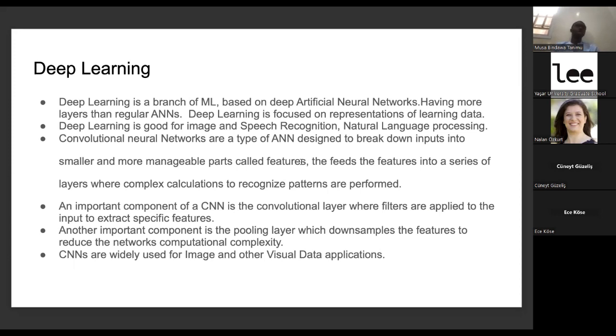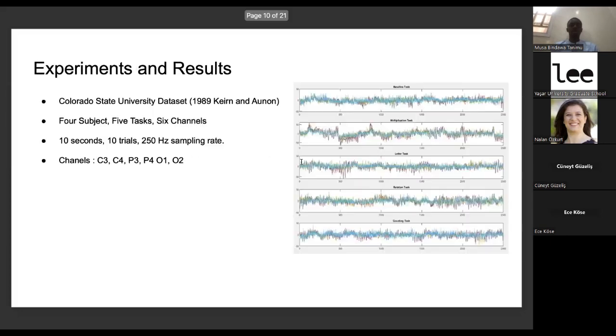One of the most important components of the CNN, which it derives its name from, is the convolutional layer, where filters are applied to the input to extract specific features. Another important component is the pooling layer, which downsamples the features to reduce the network's computational complexity. CNNs are widely used for image and visual data applications, but in our case, we use it for signals.